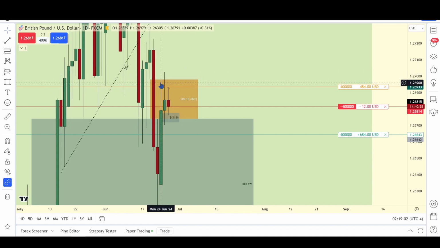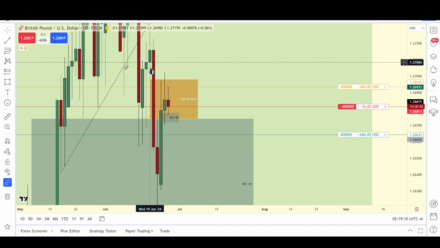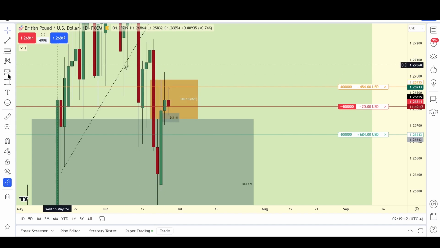So we saw price come into it, and we saw the price on Tuesday make a higher high into the consequent encroachment of this gap here.